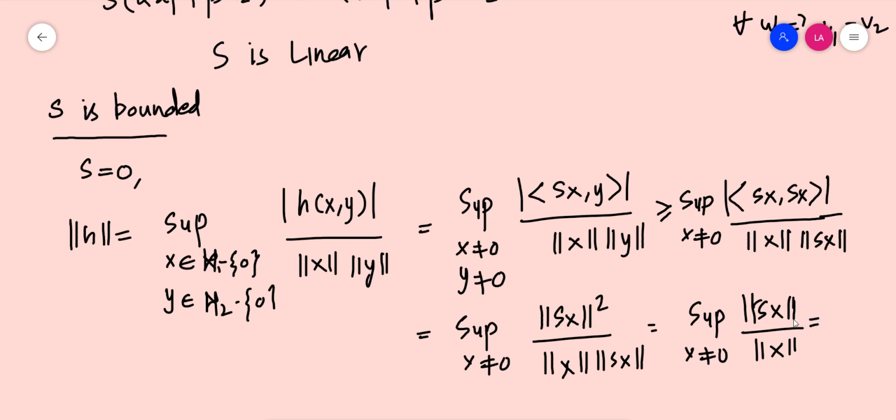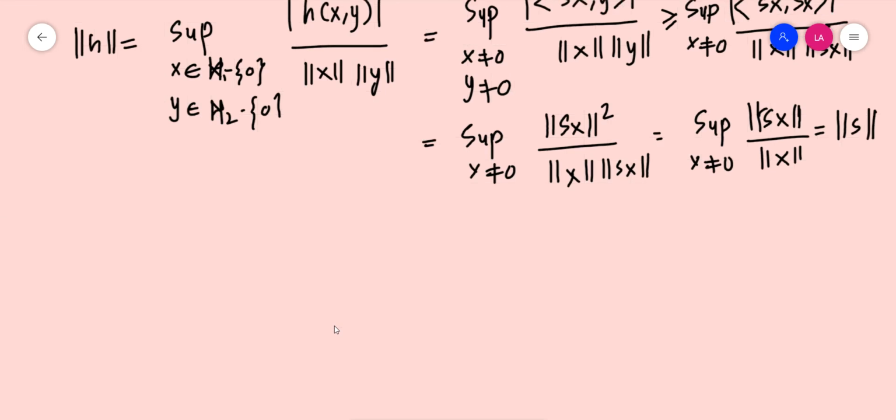This by definition is equal to norm of S. We started with norm h, so using this inequality we can easily obtain that norm h is greater than or equal to norm S.